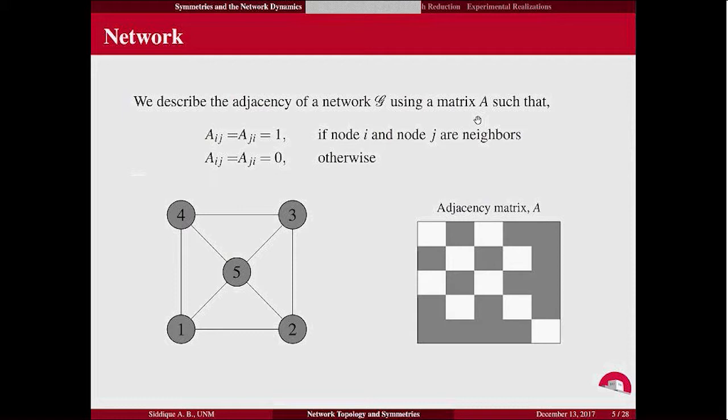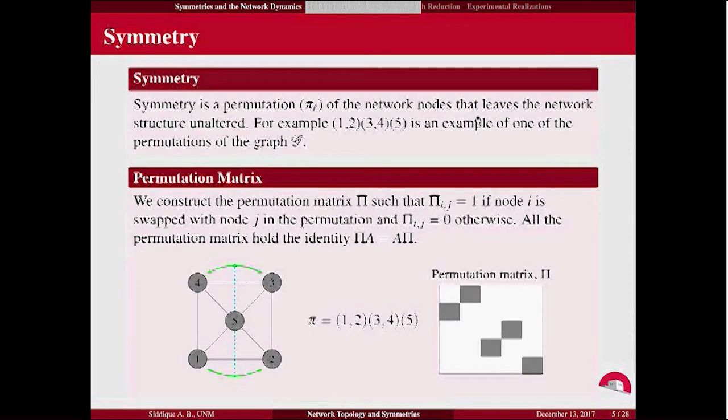For all of our study, we choose undirected networks. In the left figure, we show an example of a network, and on the right side an adjacency matrix, where the whites are the zeros and the blacks are the ones. Then we want to partition this network based on symmetry.